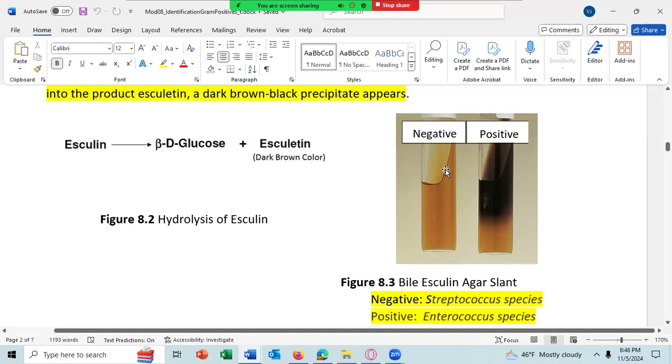If it's just a slight blackening, you count that as negative. I'll never give you a slight result in your unknown test; I'll either give you a clear positive or a clear negative.